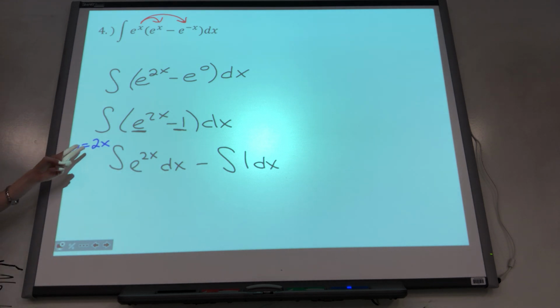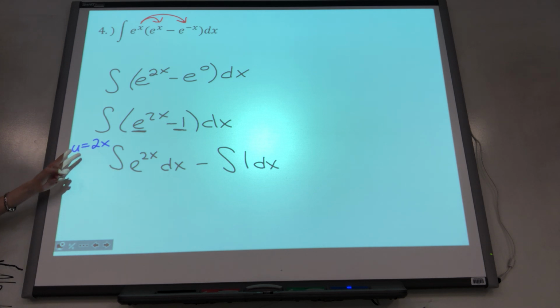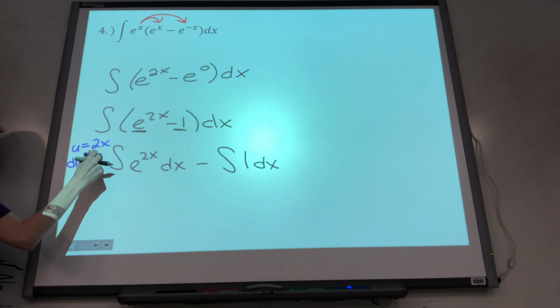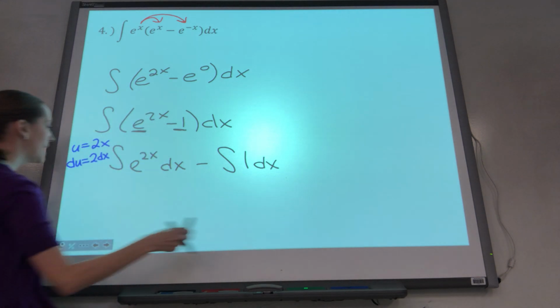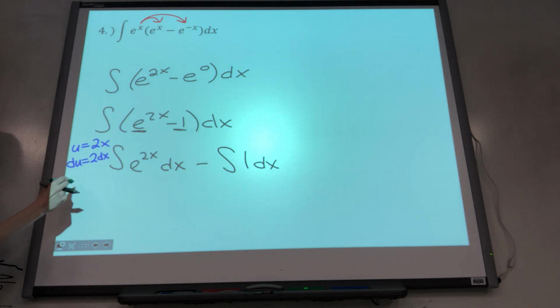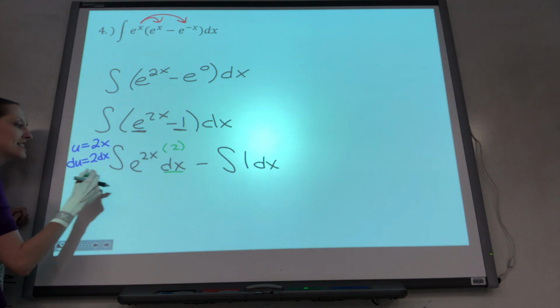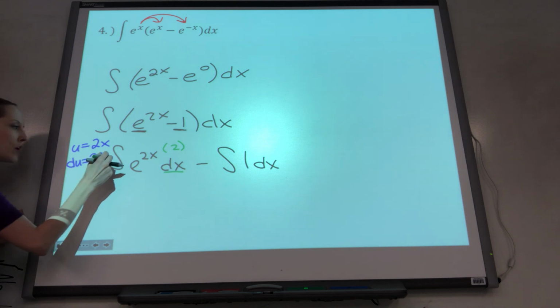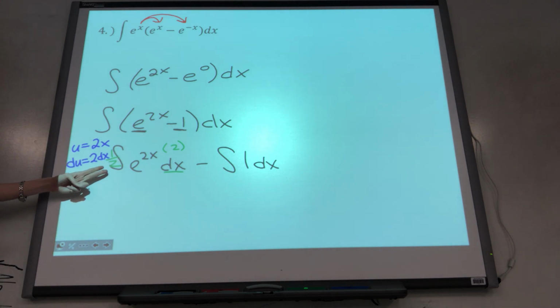This is actually what we had on example 1 today. I'm going to let u equal 2x, so du is 2 dx. And I chose a pretty bad spot to write all of that because I'm going to have to put a 2 in here to get the du, which means I have to pull a 1/2 out front.